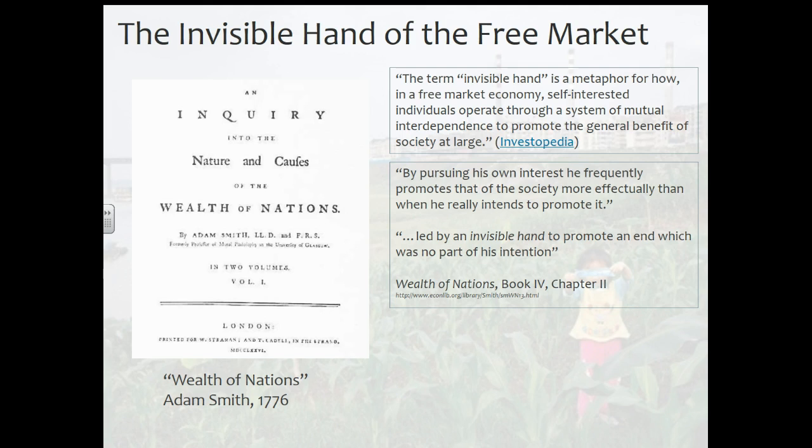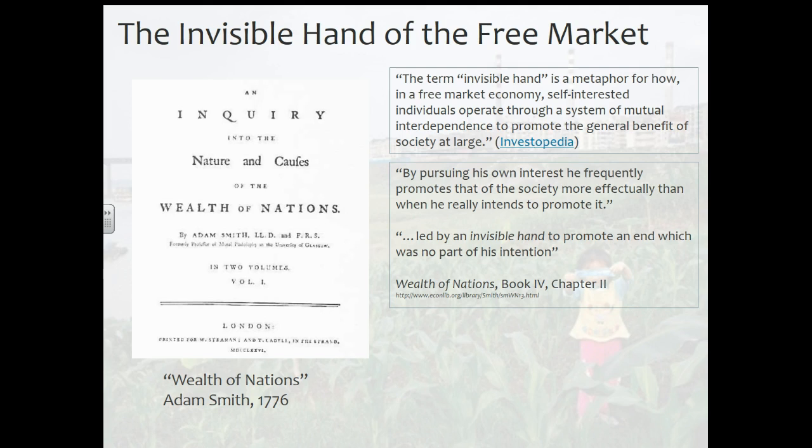And so the belief here, to be clear, is that Adam Smith states that if you're operating in an economy and you're acting in your own self-interest, you actually will more positively impact society than if you tried to actually positively impact society. It may sound counterintuitive, but it actually does work to an extent.